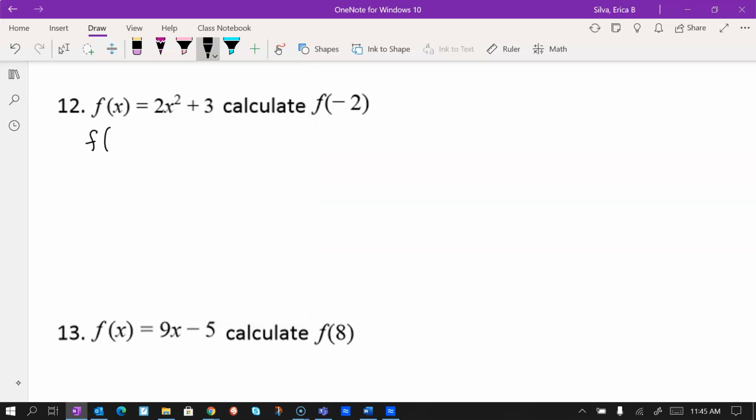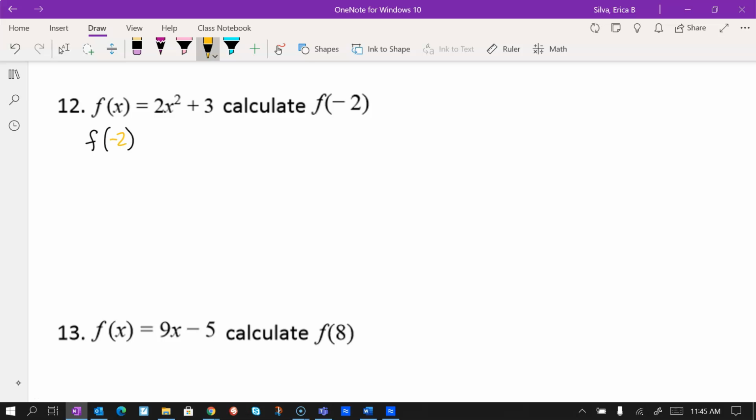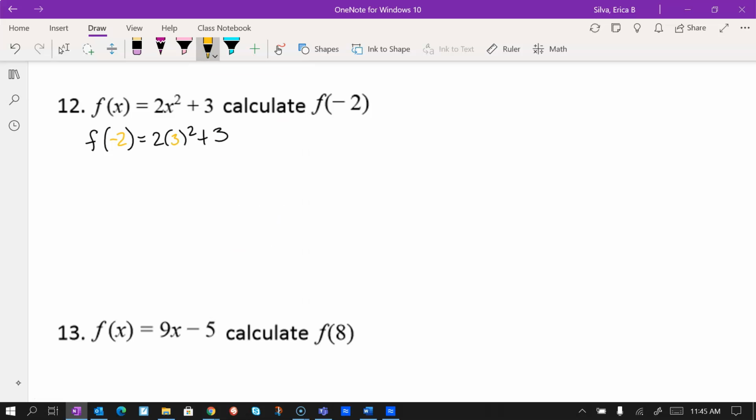Okay, for number 12, we're going to calculate f of -2. So notice how if I bring it down over here, that -2 is substituting that x value. So in the equation, we're also going to have it substitute the x value. And that's how you evaluate. We've got 2 times 3 to the second power. Using PEMDAS, we're going to first square that 3.